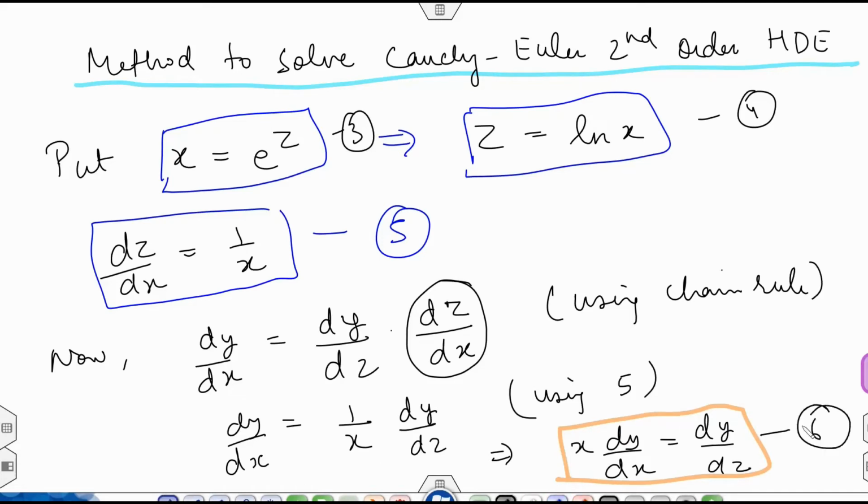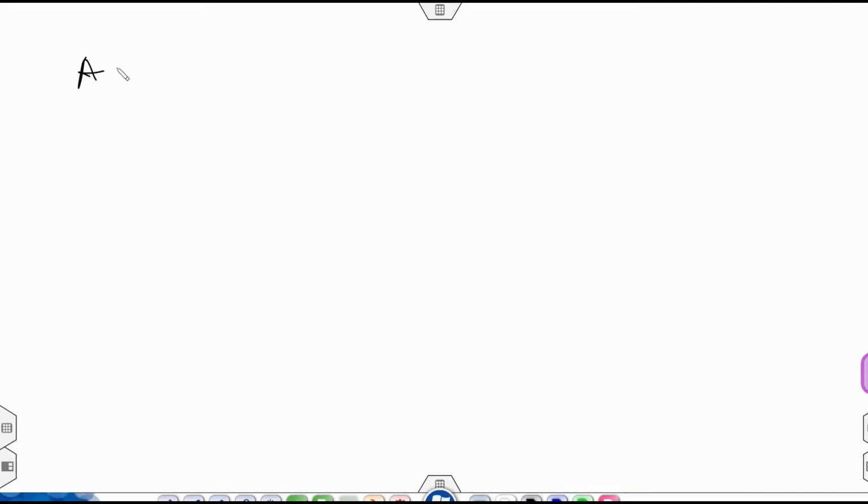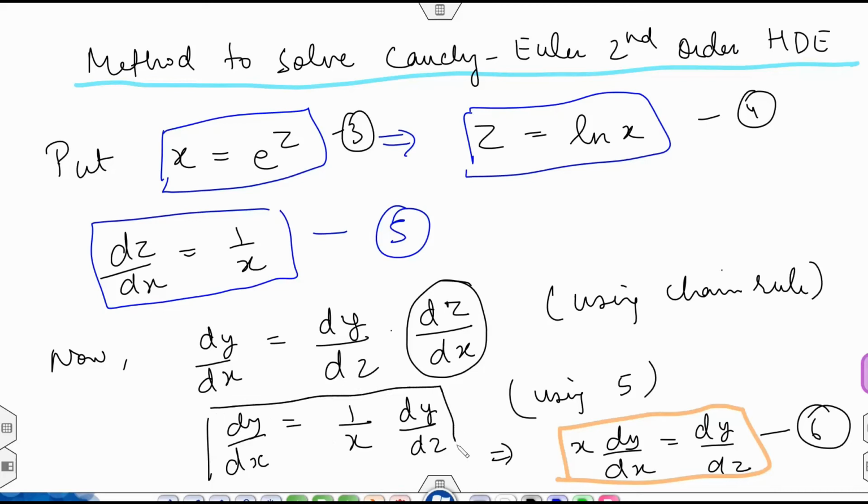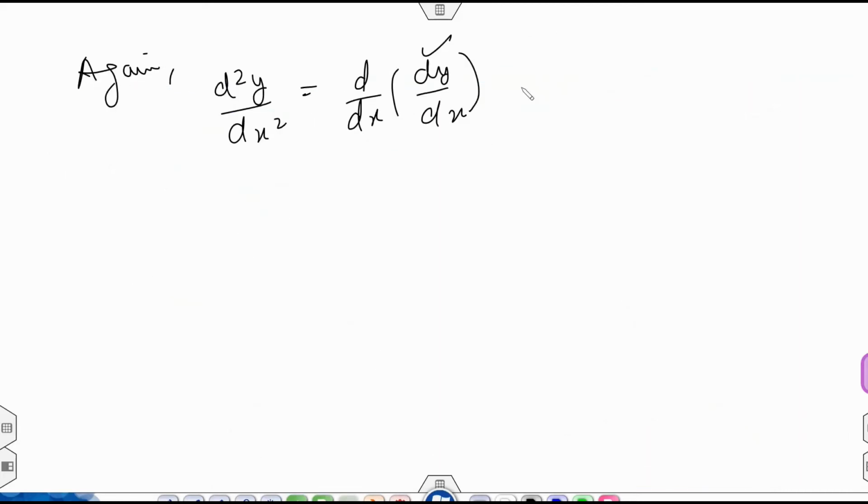I'll say this as equation number 6. Now we are going to find out the value of d square y by dx square. This is nothing but d by dx of dy by dx, and you have already found dy by dx as 1 by x dy by dz.